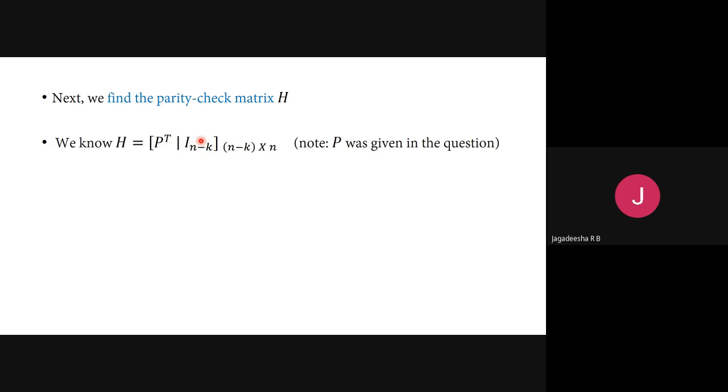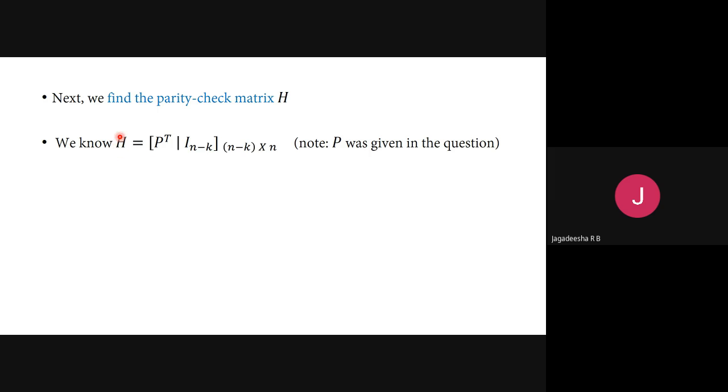And I, you can write by yourself, which is basically an identity matrix, where all the diagonal elements are 1. So you combine those two matrices side by side, or extend the matrix. That gives us the parity check matrix.